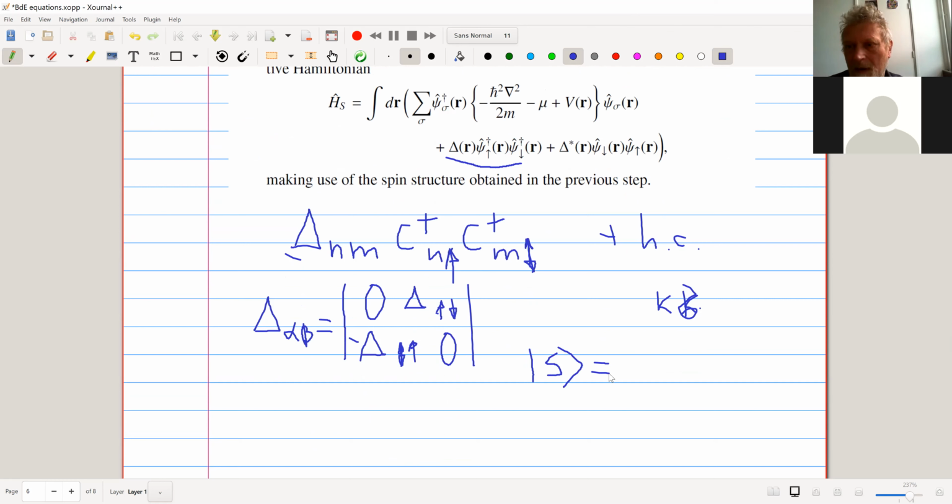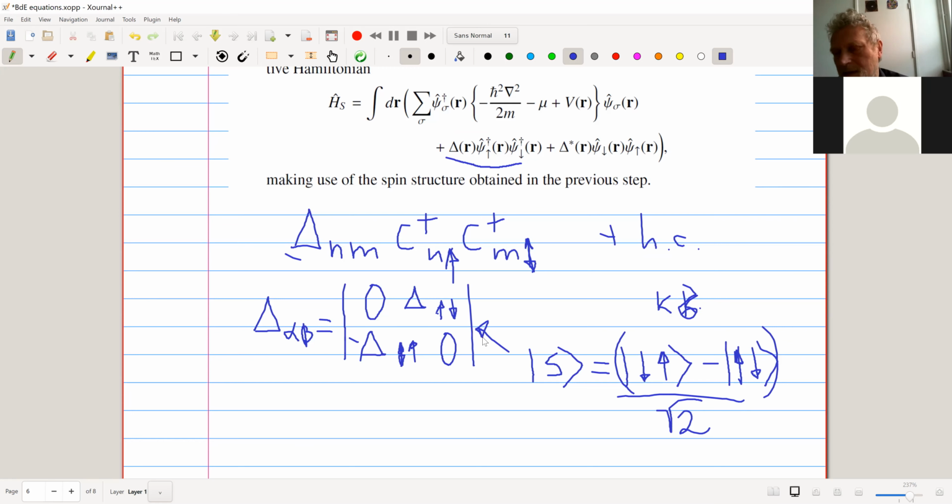Two electrons with spin 1/2, if they form a state with opposite spins, this is a superposition of their states with opposite spins. Superposition like this. And we find this spin-singlet structure in the definition of the superconducting order.